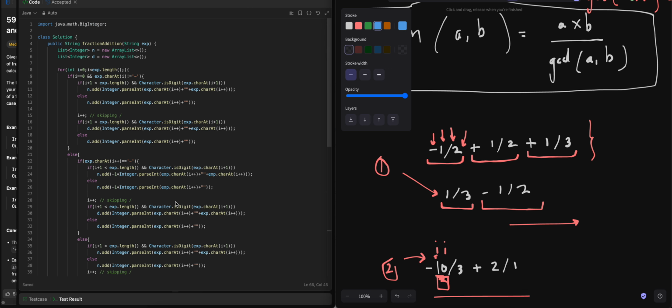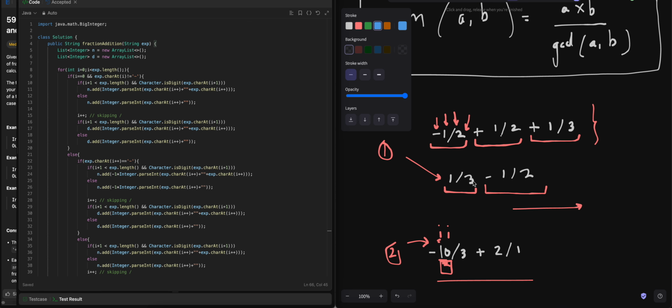Now, if you look at the problem statement, the moment we get the expression, I'll explain how we are going to process it. If we get an expression, we will check it character by character.